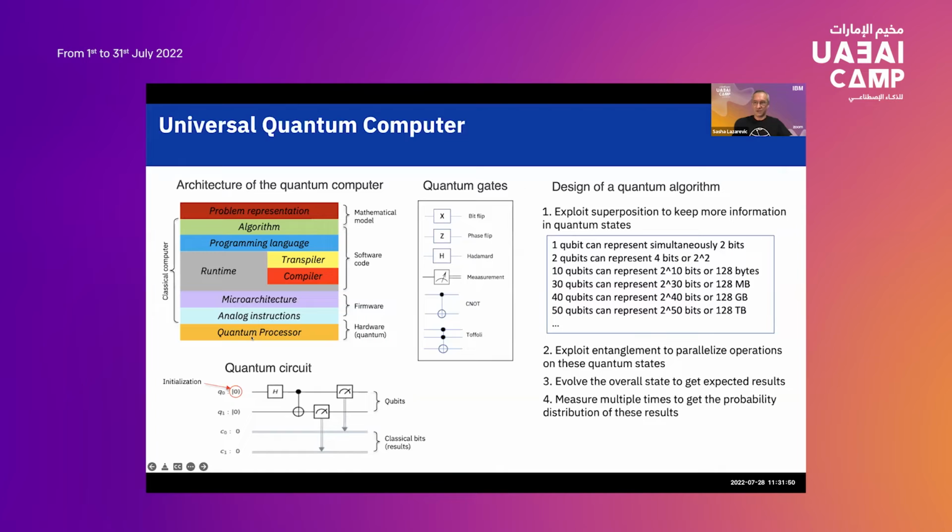Then the quantum processor executes those operations, like how to put a system in superposition, entanglement, and how to rotate, how to do the operations on the quantum systems. So basically, a quantum computer is a combination of a classical one and a quantum processor. And this is going to remain like that for the foreseeable future, the next 10, 20 years. So this is the architecture.